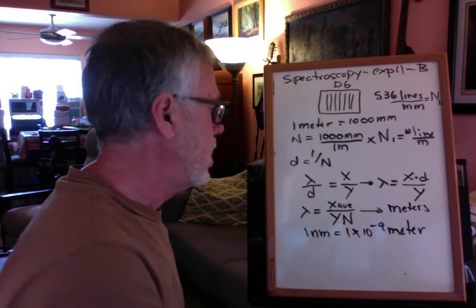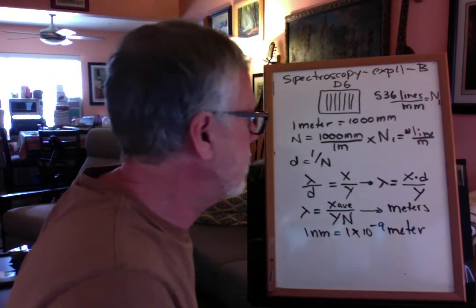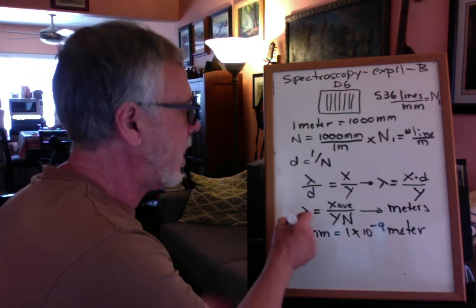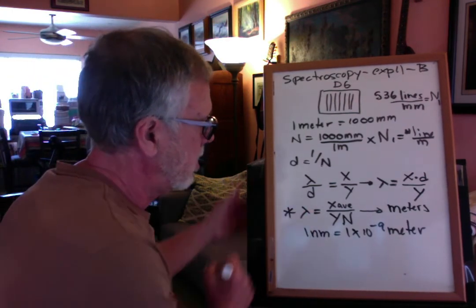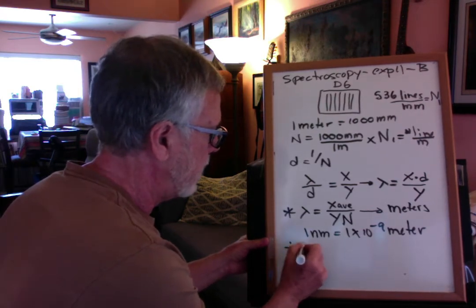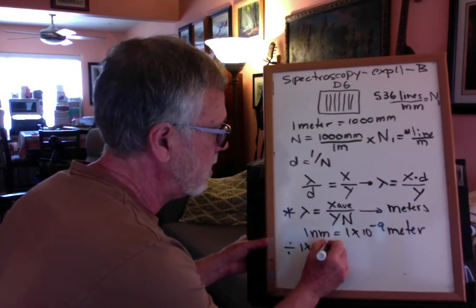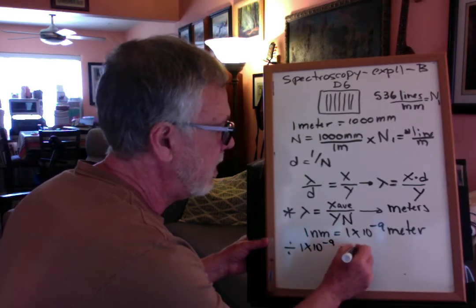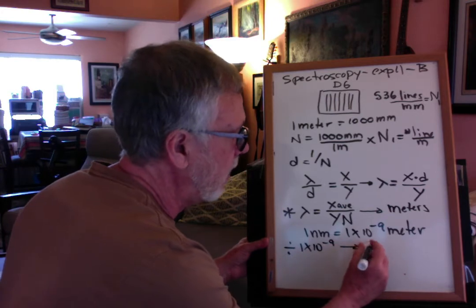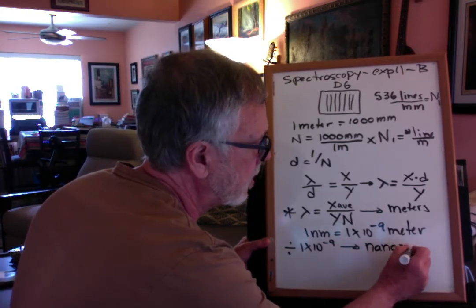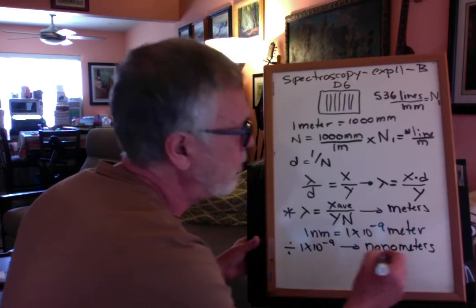So simply what you're going to do then is, once you have this value here, simply divide it by 1 times 10 to the minus 9. And what that gives you then is the answer in terms of nanometers, which is what we want this in terms of. And so don't make this hard.